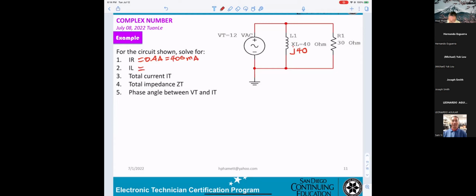IL, 0.3, or 300 milliamp. I total, 0.5. Now you can calculate the I total, which will be V total.